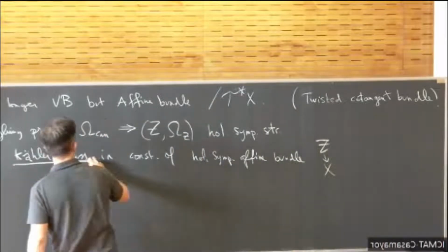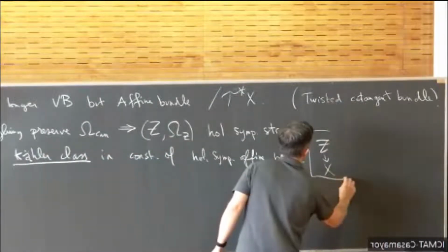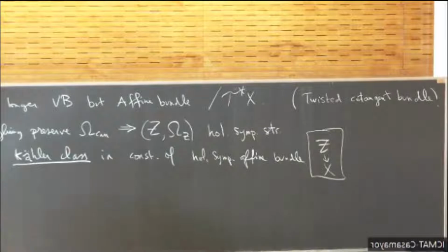So the Kähler class is encoded by this particular complex symplectic manifold. Okay. We used only the information of the Kähler class in order to build this thing. Okay, so that's the interpretation of the Kähler class that Donaldson suggests to us in the year 2000.